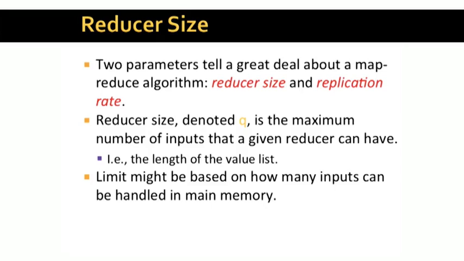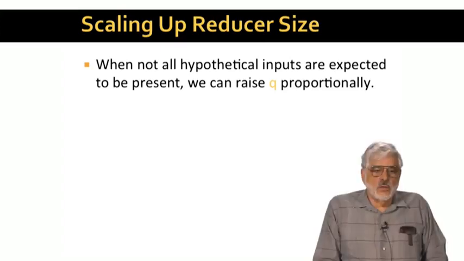One reason we might want to put such a limit on reducer size is so that we're able to execute the reduce function for one reducer in main memory. But there might be other reasons. For example, we might want to put a smaller limit on reducer size to force there to be lots of available parallelism. Remember, hypothetical inputs are assigned to reducers when we design the algorithm.